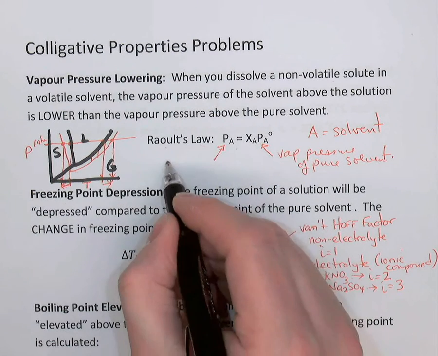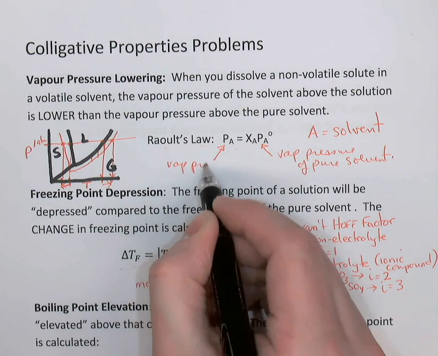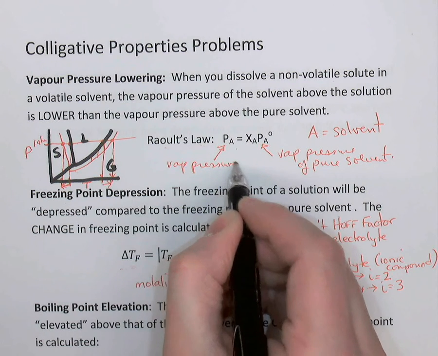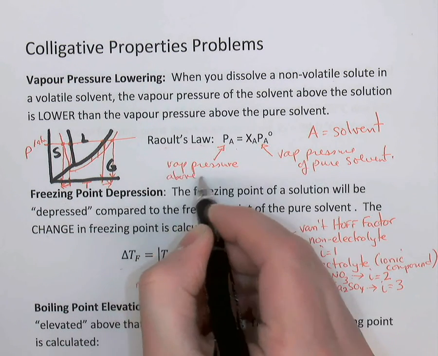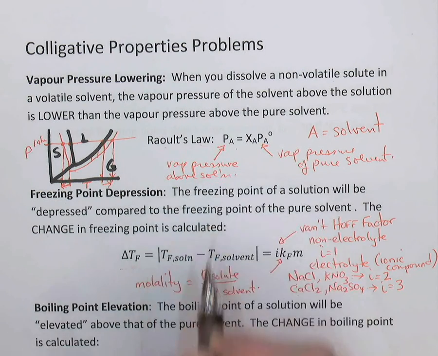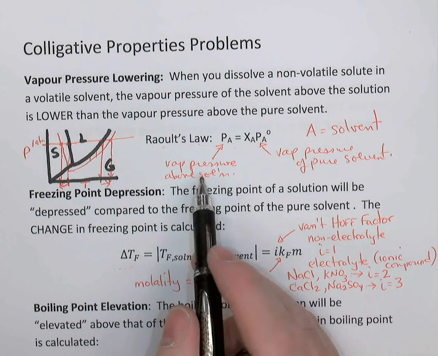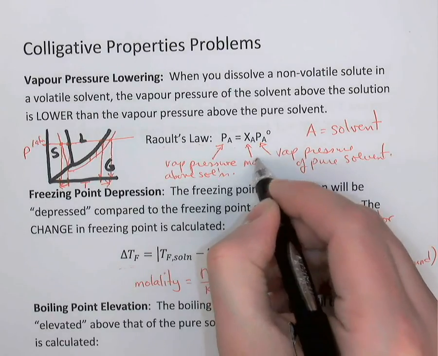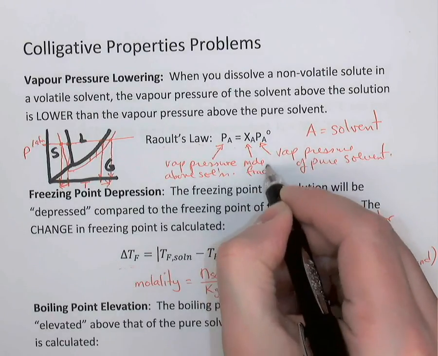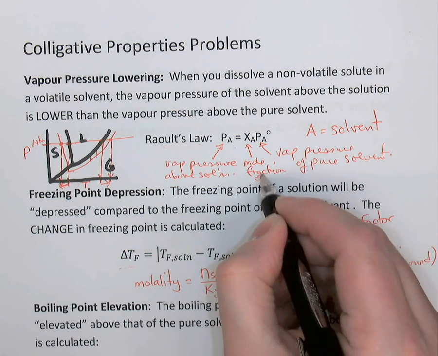PA is the vapor pressure, again, of the solvent, but this time not pure solvent. It's the vapor pressure above the solution. So this time you've dissolved some of that solute. XA, we know, is the mole fraction, and the subscript A means of the solvent.